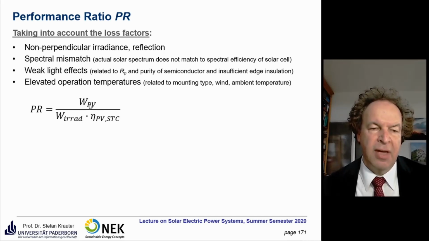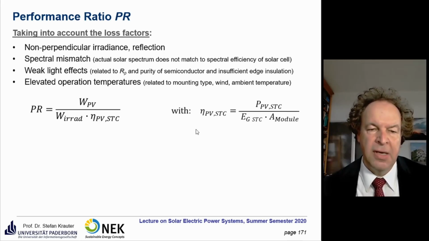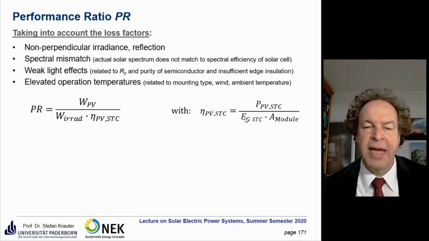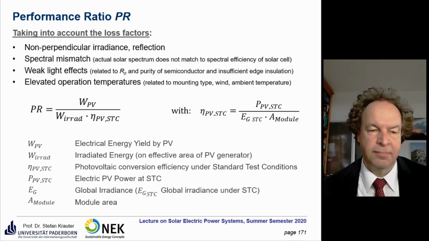And we have here the W_PV, that's the electrical energy generated by photovoltaics, divided by the received irradiance times the conversion efficiency under standard test conditions. So the efficiency under standard test conditions is the power under standard test conditions divided by the irradiance under standard test conditions, which, as you should know, is 1000 watt per square meter, times the area of the PV module. Again, that's the so-called performance ratio.